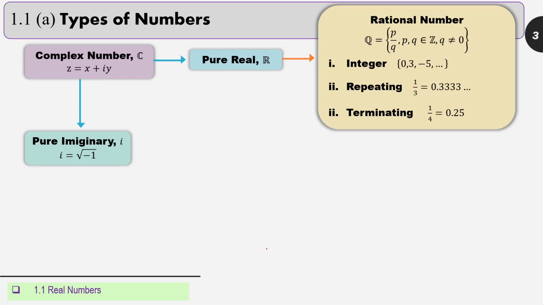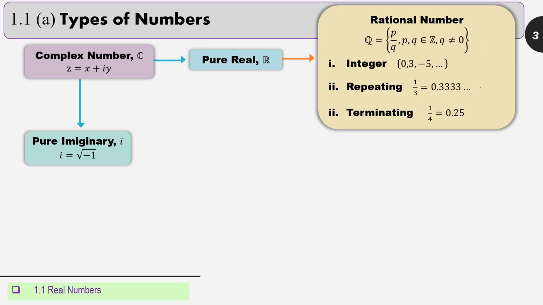If you write it as a decimal, it will become 0.333, where the 3 itself is repeating. So any decimal number with a repeating decimal is a rational number.